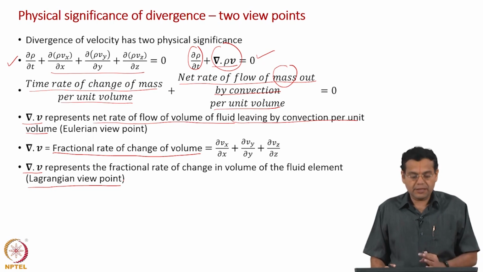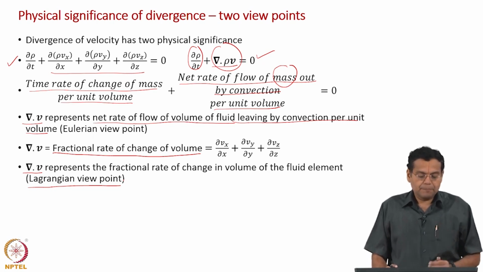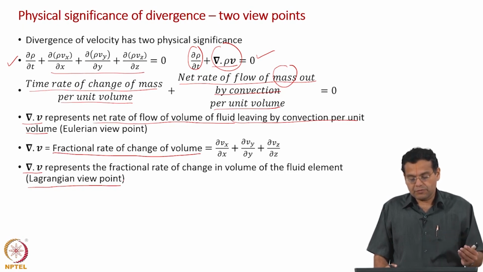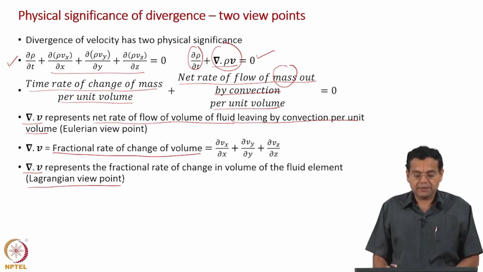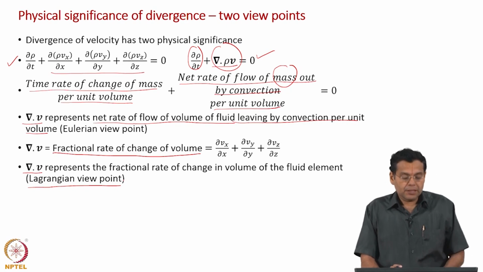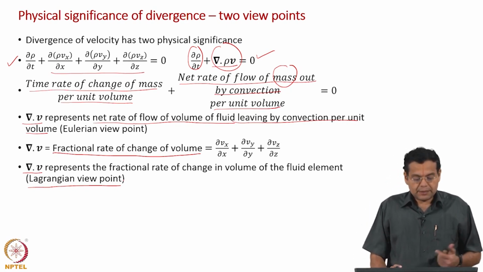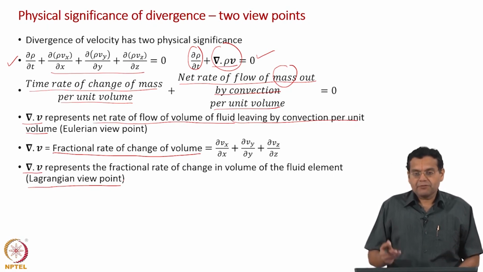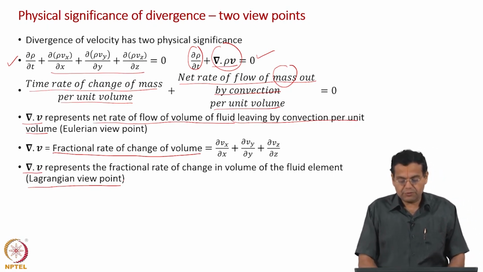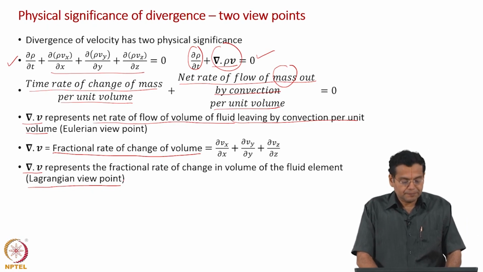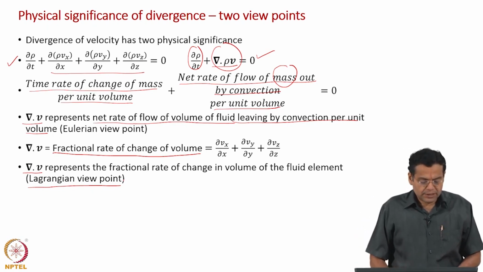So, del dot V can be expressed both from an Eulerian viewpoint, which we already discussed when we discussed the continuity equation. The new viewpoint is from a Lagrangian viewpoint, and that is the fractional rate of change of volume of a fluid element. Why is it Lagrangian?